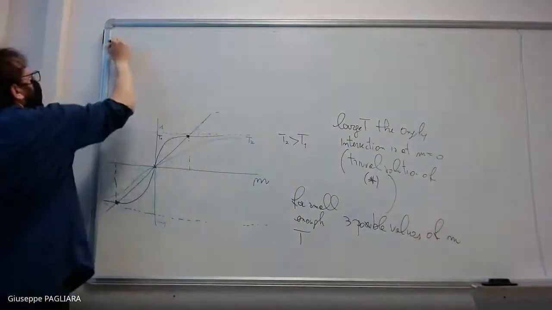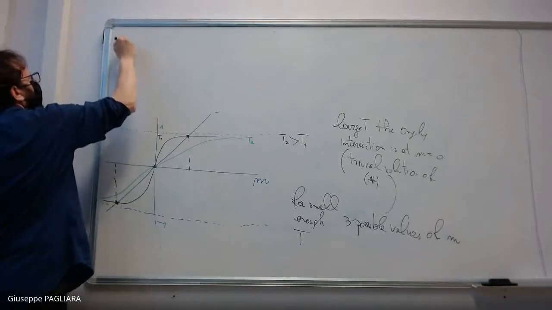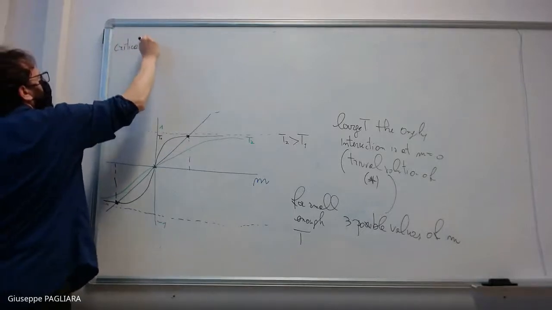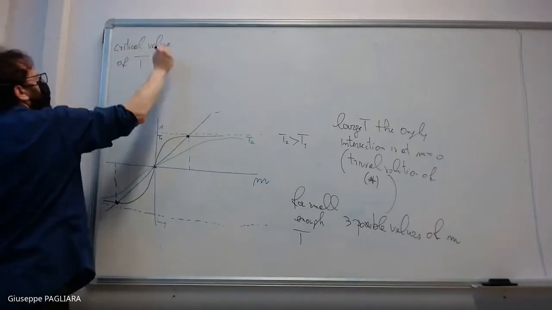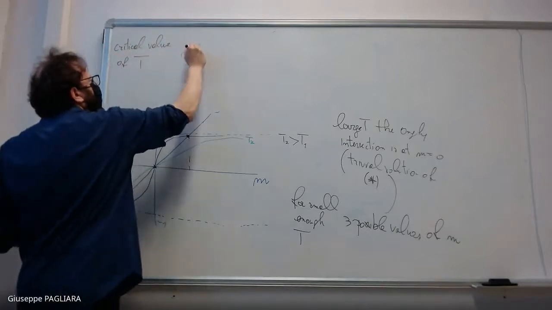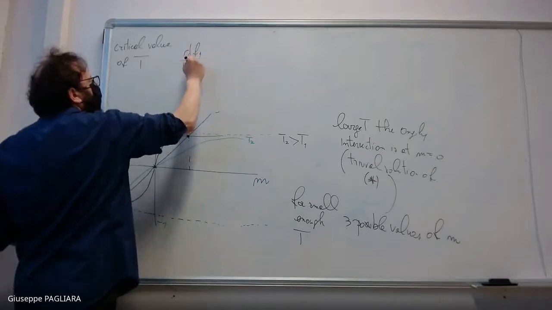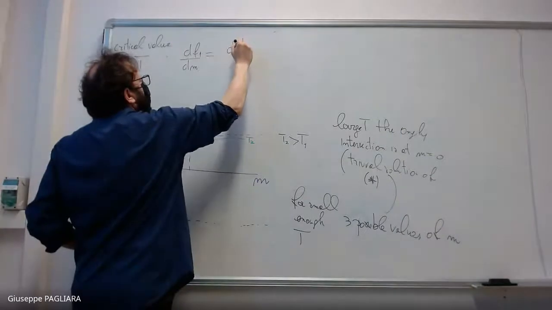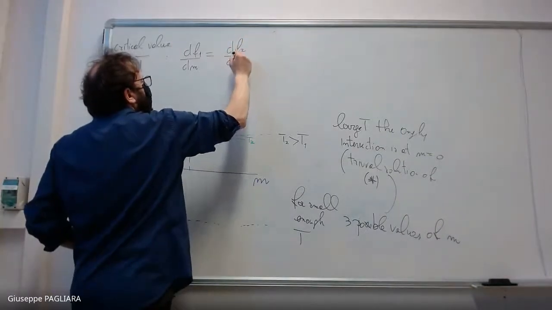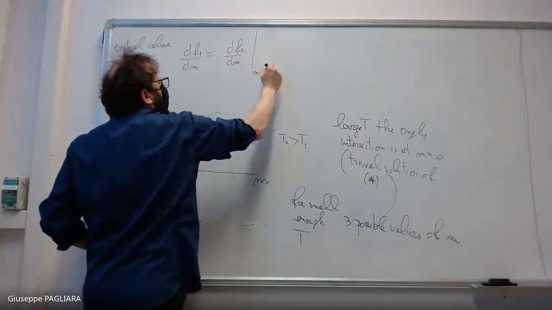So the critical value of t is found by imposing that the derivative of f1 with respect to m is equal to the derivative of f2 with respect to m at m equals 0.